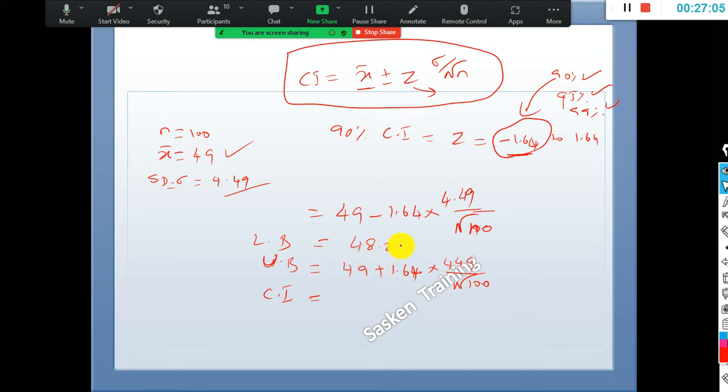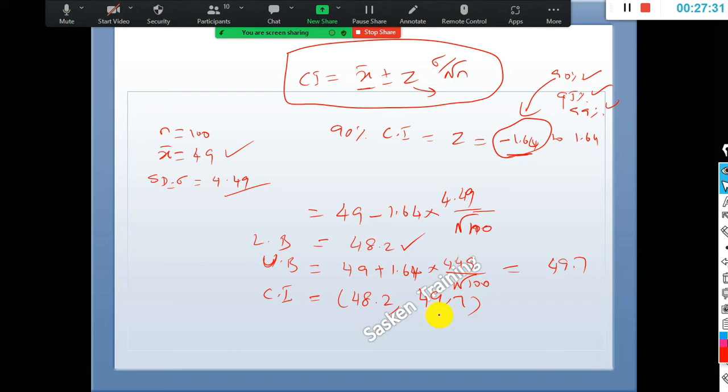So the lower bound is 48.2, and solving for the upper bound, you will get 49.7. The confidence interval is now 48.2 comma 49.7 with a 90% confidence level.